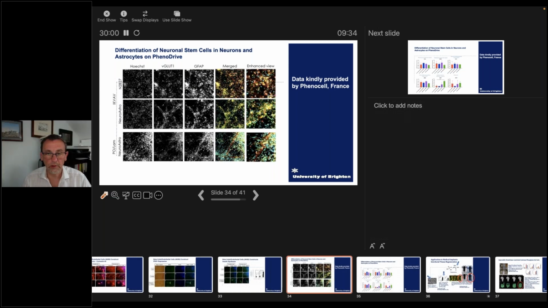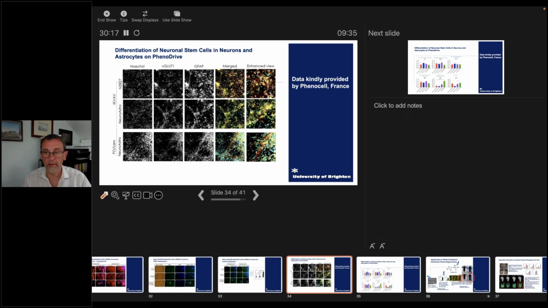Here you can see beautiful staining, almost equivalent, of PhenoDrive with polyornithine laminin, which is the common substrate used to differentiate induced pluripotent stem cells into this type of cells.